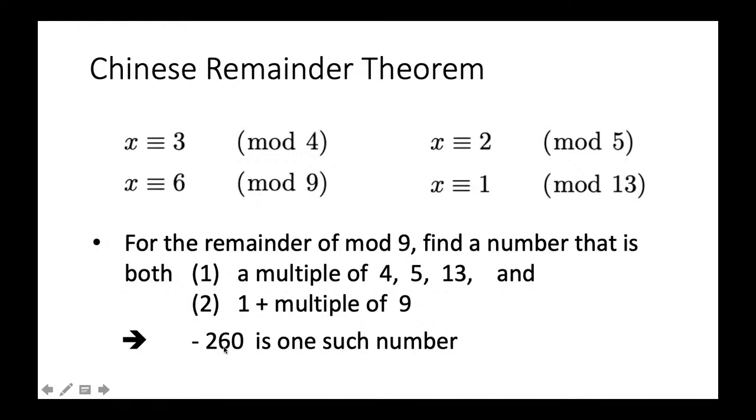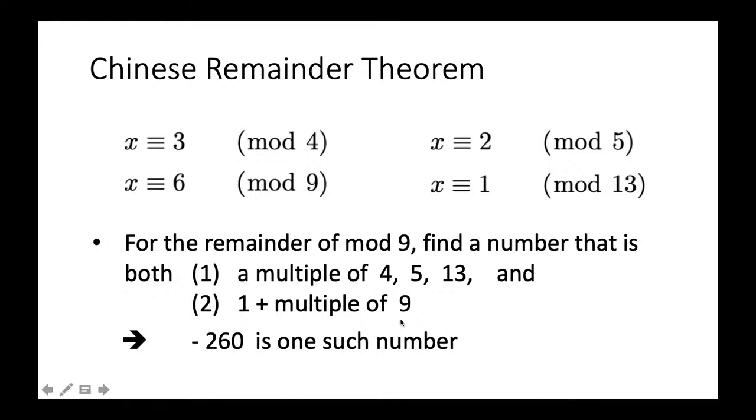So minus 260 is a multiple of 4, 5, 13 because 4, 5, 13 multiplies to 260. And if you look at this, 260 adds up to 8, so minus 260 has the remainder of minus 8, which is equal to remainder 1. So it is equal to 1 plus a multiple of 9.